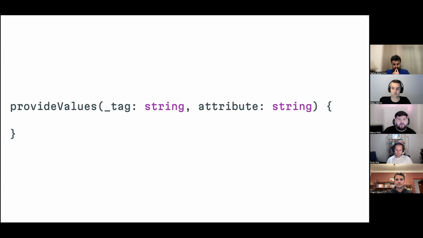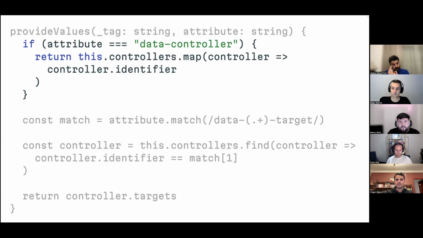But we actually care about the attribute in this case because we want to know which attribute we are trying to complete for. So when we see our attribute is our data-controller attribute, we just return all the identifiers we know from our controllers. And with that, we get the list of possible values for the controllers.